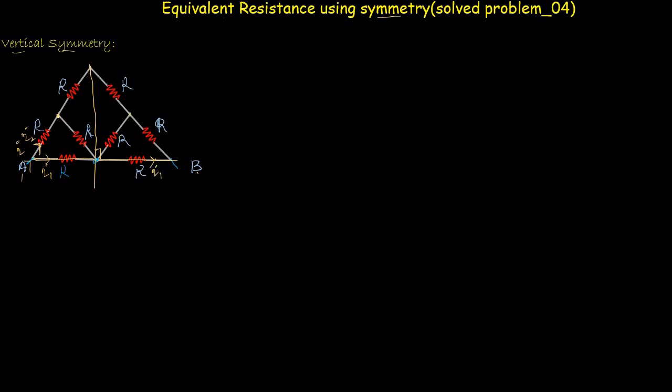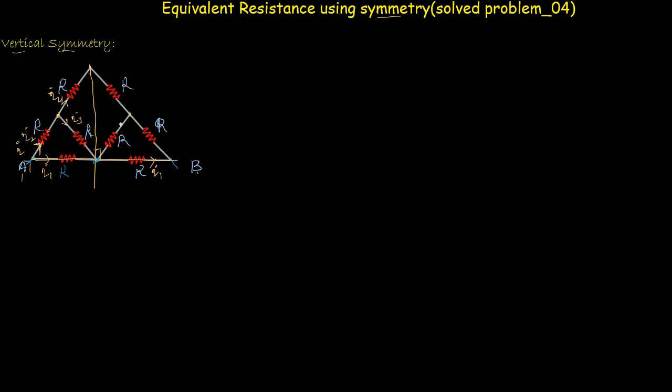At this node here we have again two choices for the current I2 to flow through these two paths. The current through this path is, let's say, I3, and the current through this path is, let's say, I4. According to the rules of vertical symmetry, the current through this resistor will be the same as the current through this resistor, because this resistor is the mirror image of this resistor.